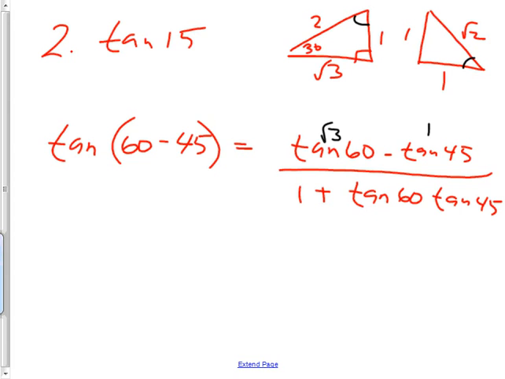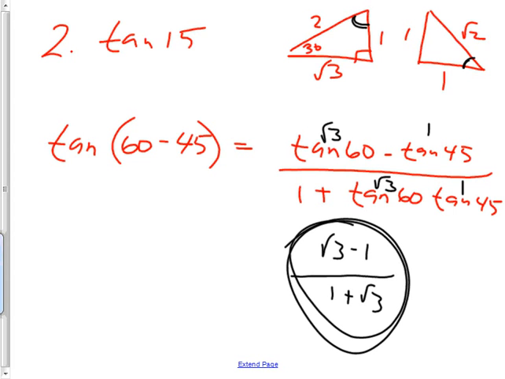And then 1 plus, they don't need to do with a 1, obviously. Tangent of 60, here's my 60 again, tangent of that's root 3. And tangent of 45, tangent of this is a 1 again. And therefore I'm at root 3 minus 1 over 1 plus root 3. There's my answer. And it's exact because we didn't round anything.